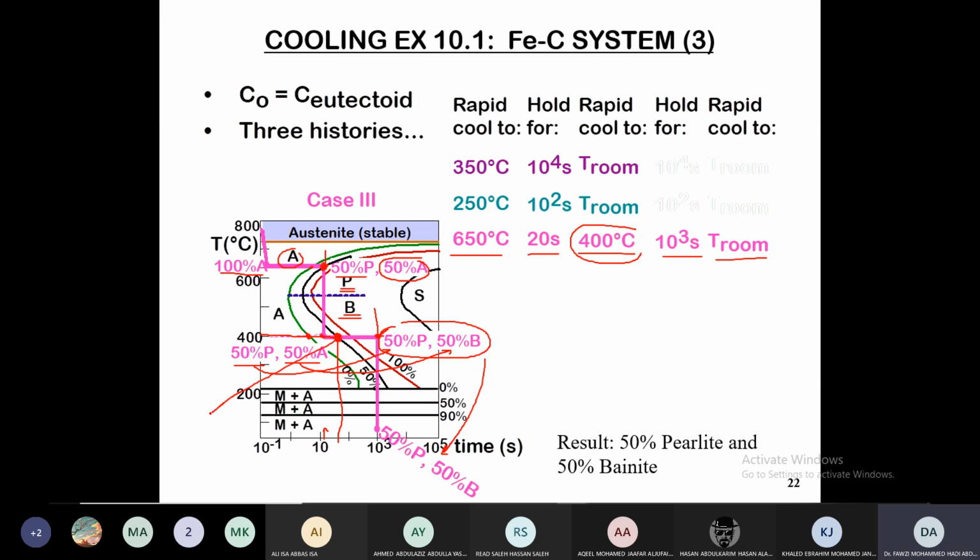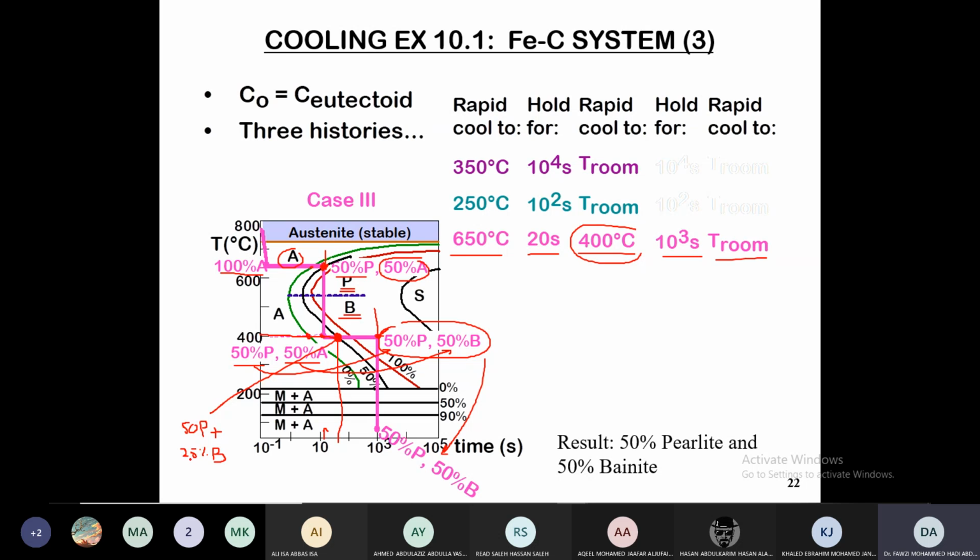So at this point here, you have 50% perlite plus you have a transformed into bainite. How much? 50% of the 50%, which is 25% bainite. It transformed already because we are here at 50 in the middle.